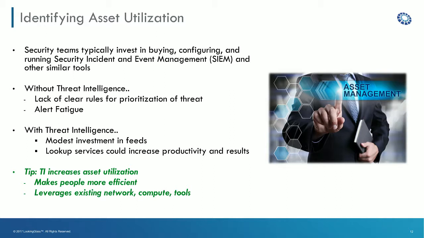However, it's a victim of its own success, because oftentimes there's so much data integrated into that single pane of glass that it's really hard for operations teams to determine what data is relevant or should be acted upon. And that's where threat intelligence, with some level of modest investment, can actually help.